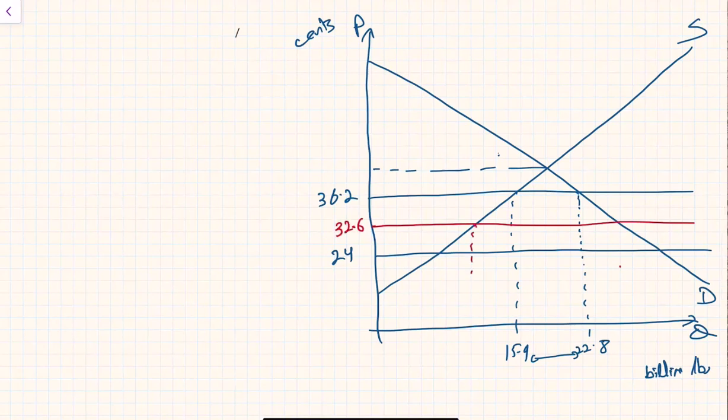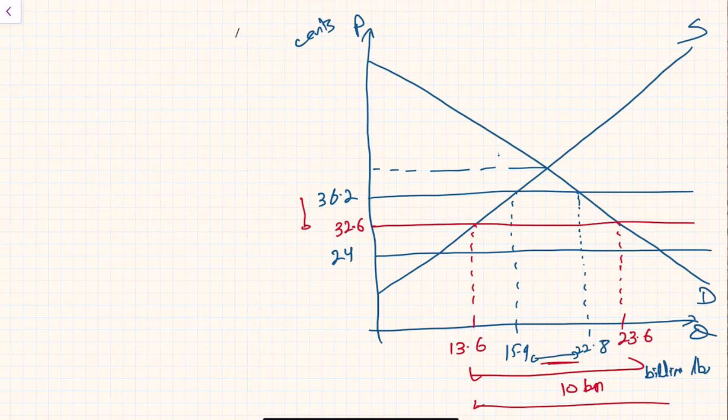Now at this price, domestic supply will decrease even more because price has dropped, and this falls to 13.6 billion pounds. But on the other hand, because now price is lower, domestic demand goes up to 23.6. And this gap is also 10.